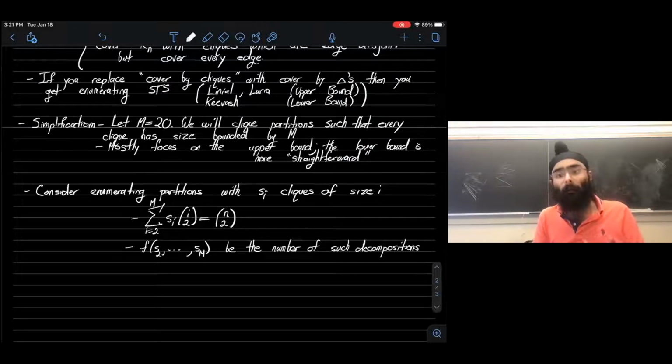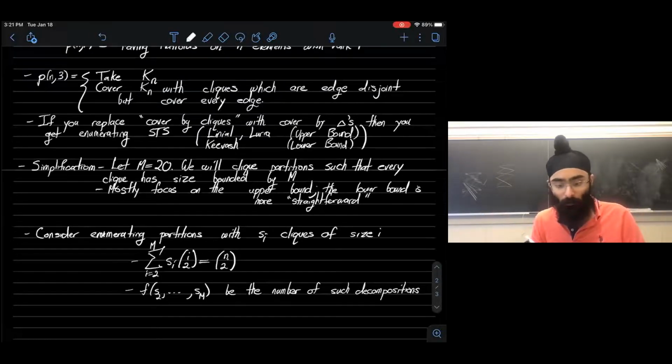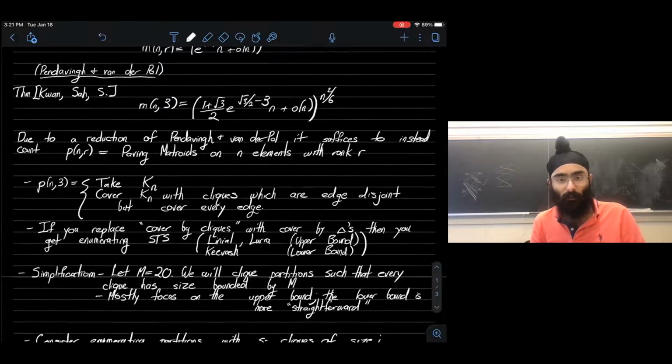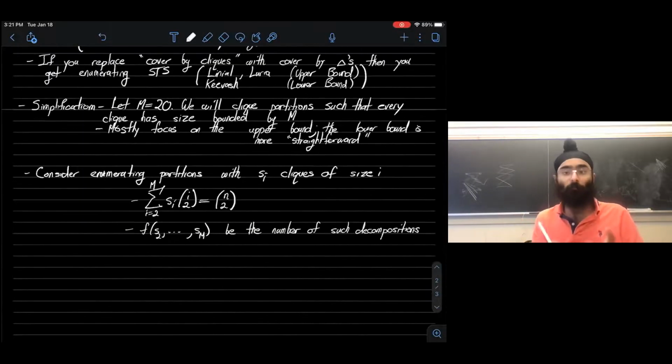We will give an upper bound for this function for every possible choice of S_2 to S_M. There are at most n to the M choices, which is polynomial, whereas the thing we're counting is more than exponential. So it's fine to just find the largest possible value.